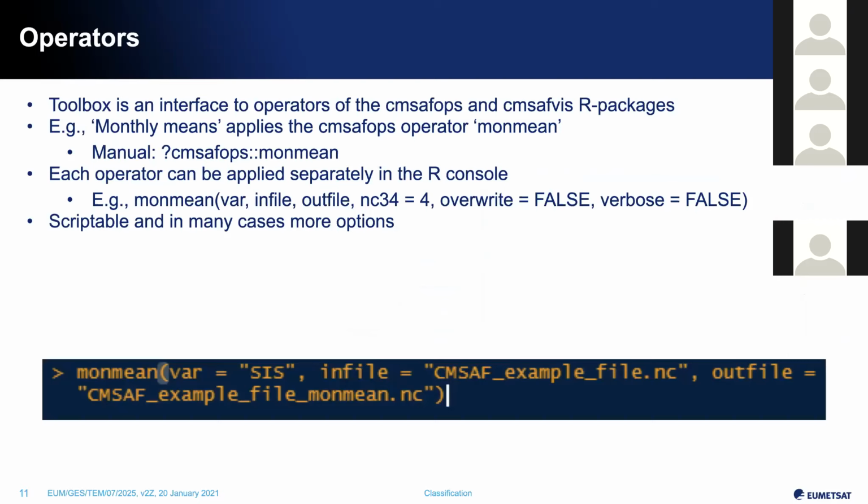That has the advantage that it is scriptable and offers in general more options. As you can see in this example of the monmean operator of the CMSAF Ops package, it is applied in the R console quite easily: you give a variable name, an in file name, and an out file name. That's the general structure.